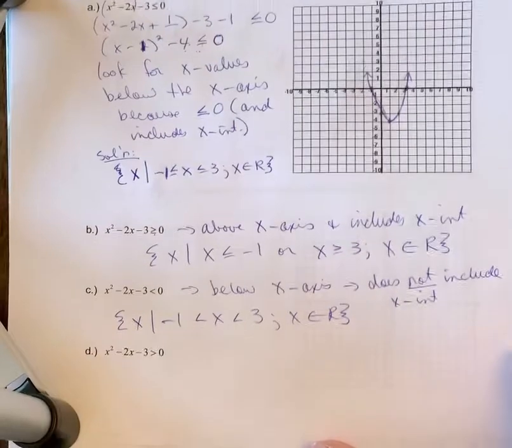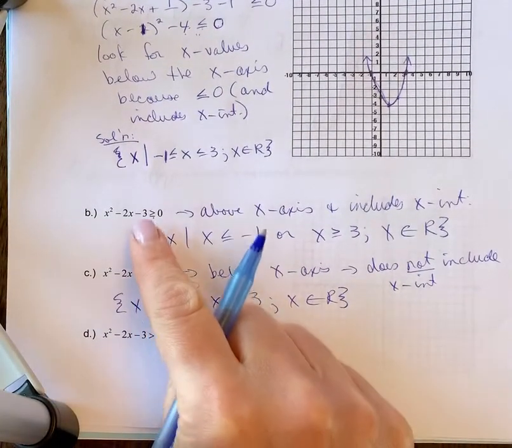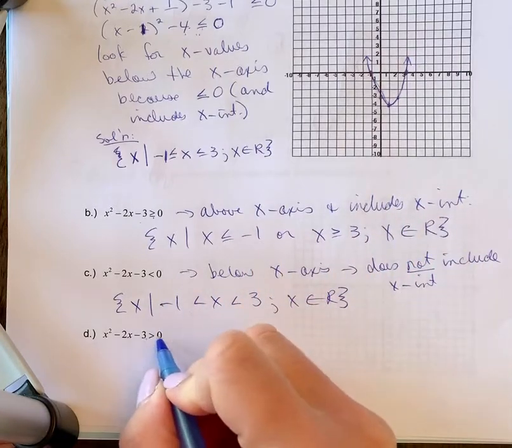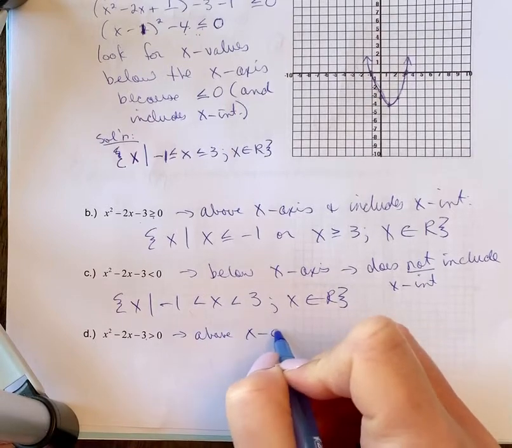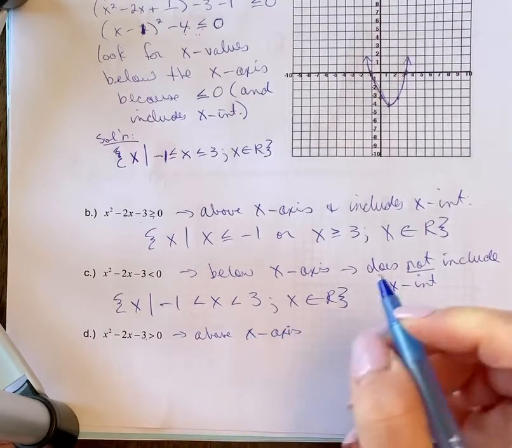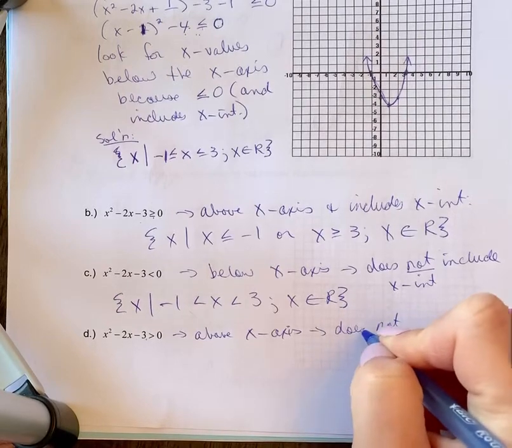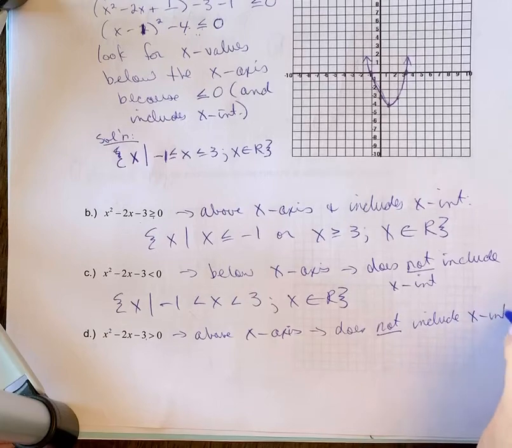So then if we look at D, we're going to be in a similar situation as we were in B. It's the same thing except does not include, so a greater than 0, anything greater than 0 would be above the x-axis. And so this does not include x-intercepts.